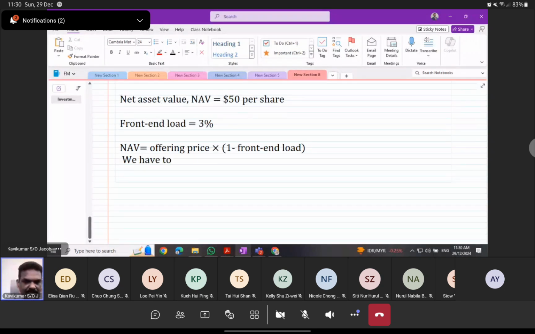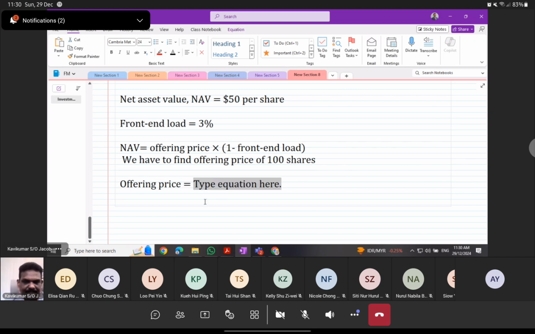We have to find it for one share first. Offering price equals NAV divided by 1 minus the front end load.